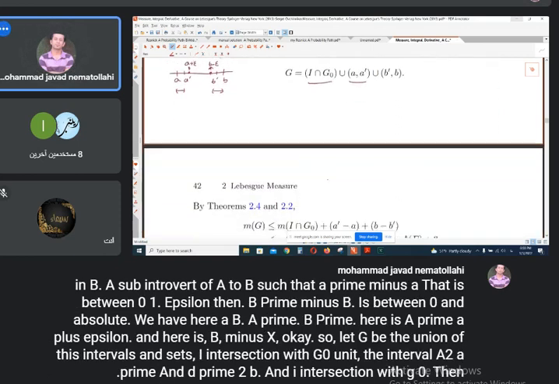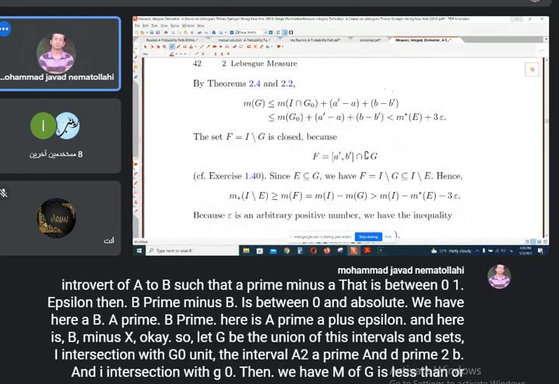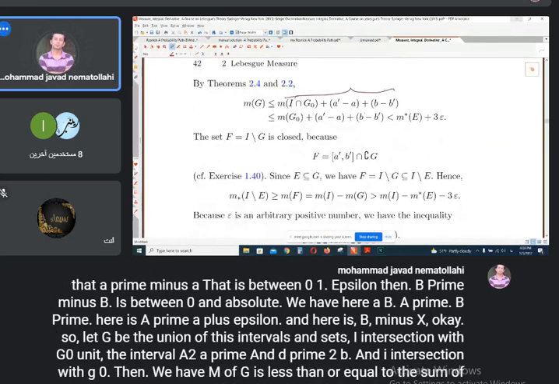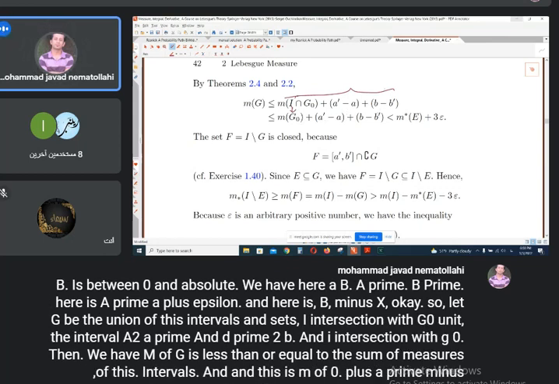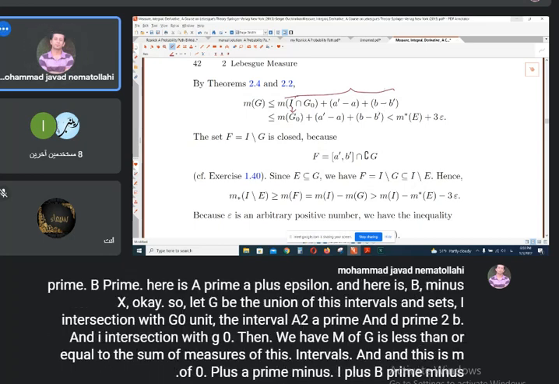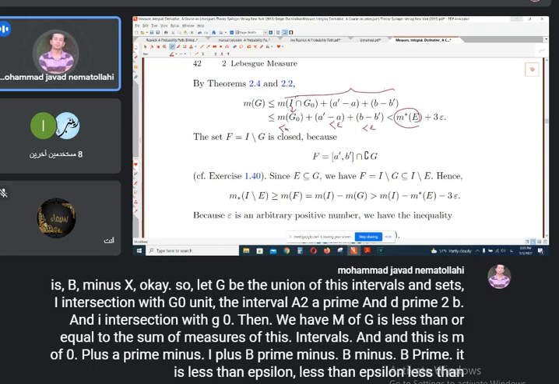Then we have m of G is less than or equal to the sum of measures of these intervals, and this is m of G0 plus A prime minus A plus B minus B prime, and it is less than epsilon, less than epsilon, less than m star of E plus epsilon.